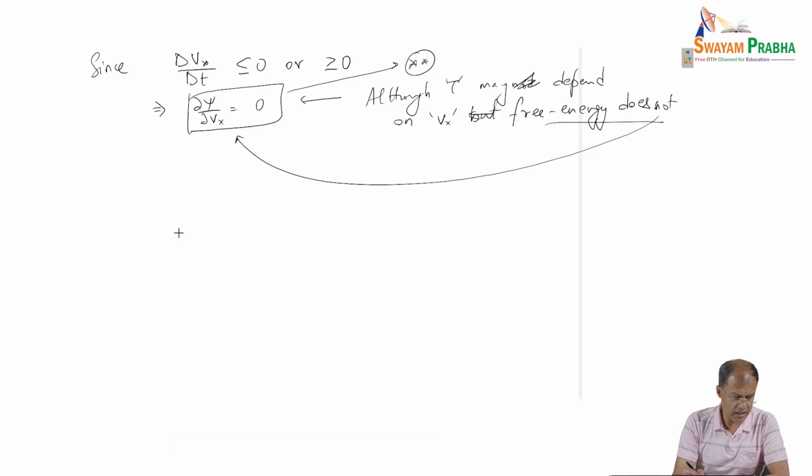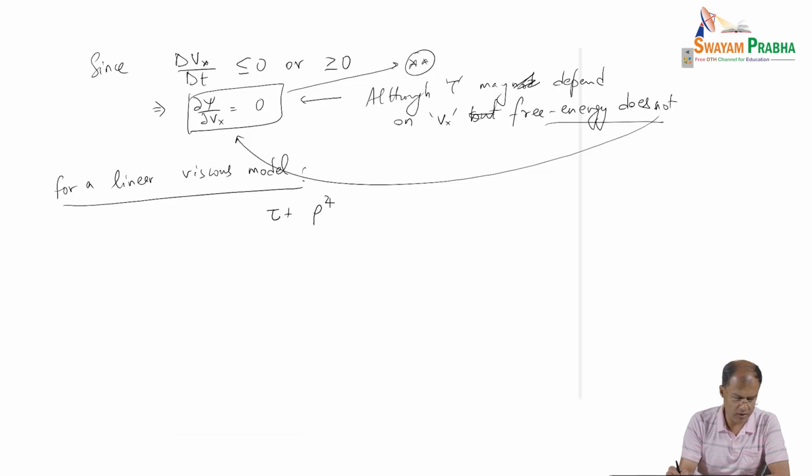And now let us look at a very specific class of viscous material, the so-called linear viscous material. For a linear viscous model, we have that tau plus rho square psi rho is alpha plus beta times Vx. We call this our triple star relation.